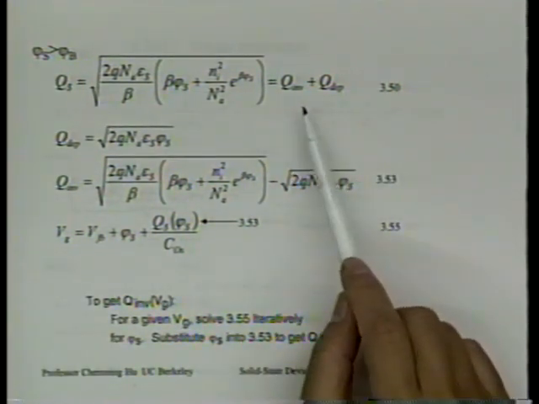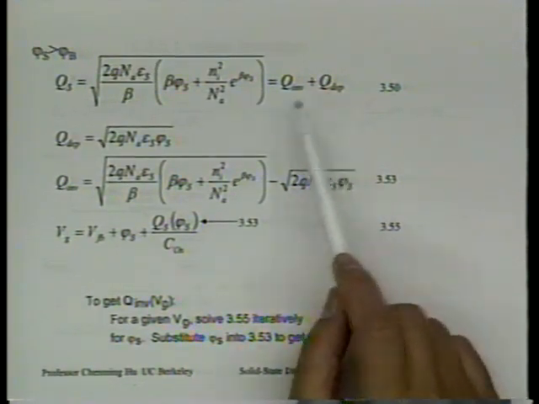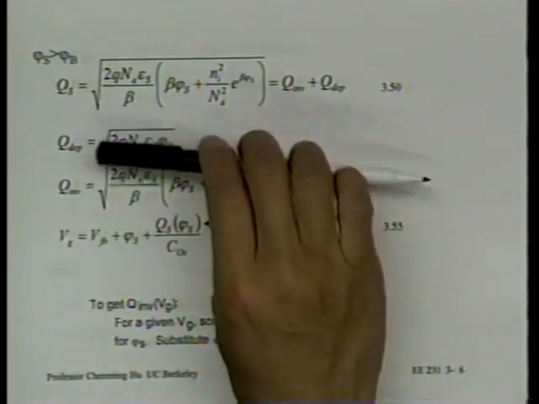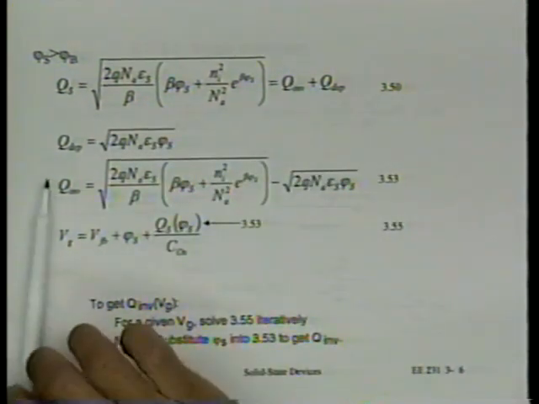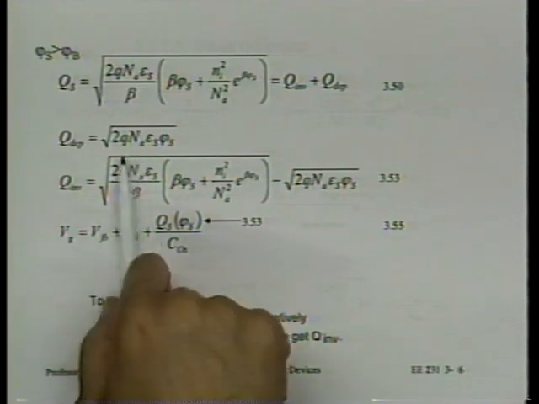But next, we also know approximately what the Q depletion charge is out of these two components. Do you know another expression for Q depletion? Of course you know. It's this equation. I've seen this many times before. Q depletion is equal to the square root of 2q N_i epsilon_s phi s, where phi s is the band bending.